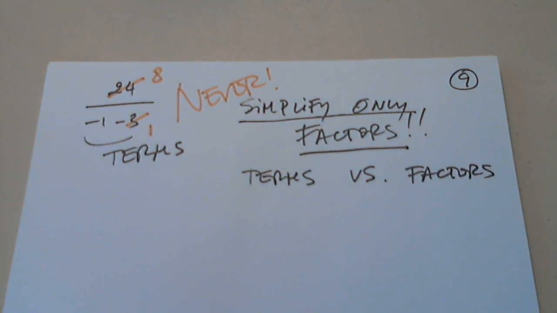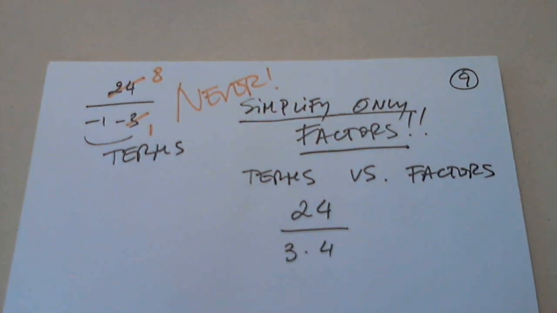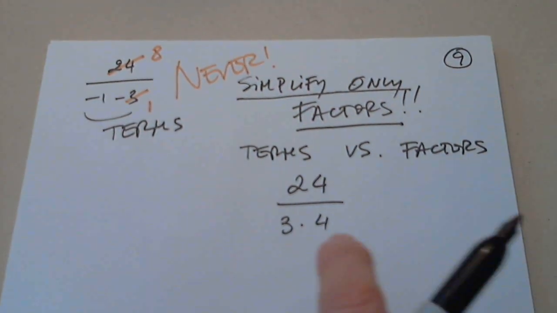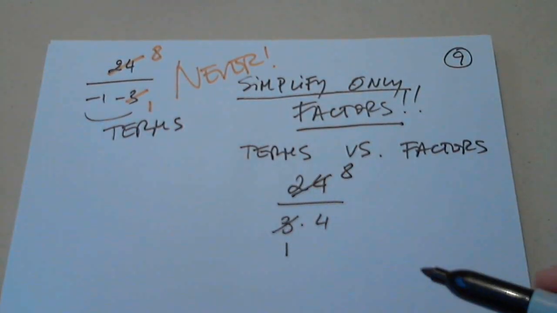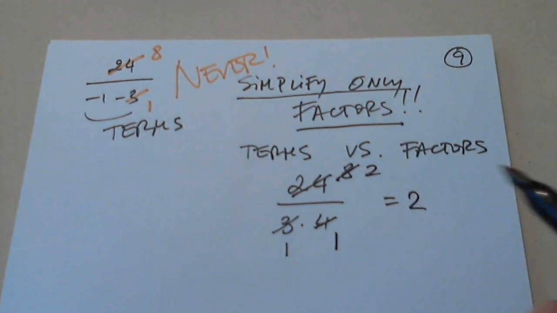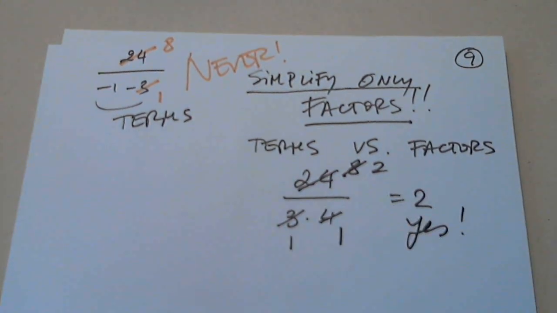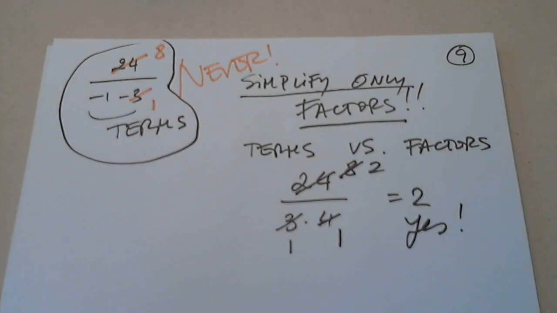Now, if I have a situation with 24 divided by 3 times 4, it's a different story. These are factors, and I can simplify and write this, and then simplify by 4 and write this. Yes, because I simplified factors. But this is never allowed.